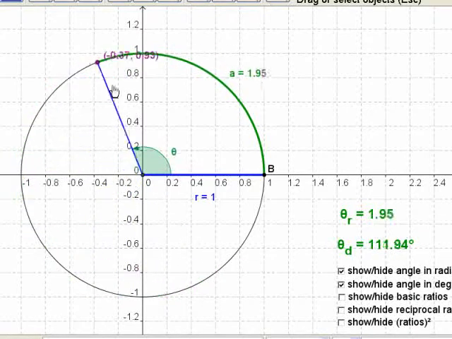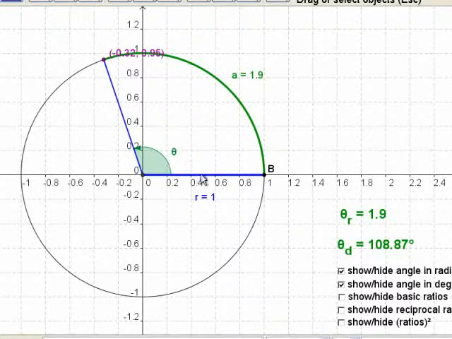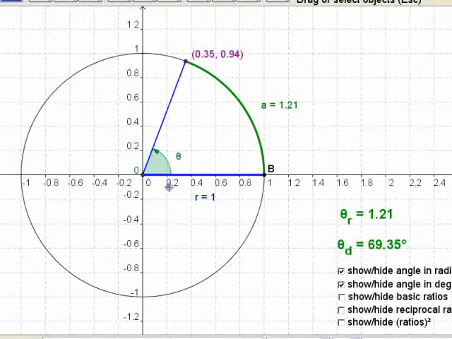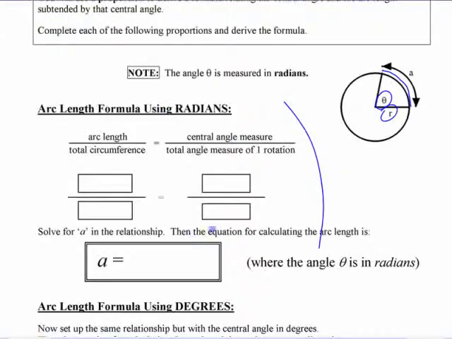You can use a proportion and say 1 full turn in degrees compared to this angle in degrees should be the same as this arc compared to the circumference. Whether you do it in radians or degrees, it doesn't matter. Proportionally, that's the same. If you're halfway around, the arc length is half the circumference. If you're this far around, well, whatever that angle is compared to that. We will talk about it formally together later, but I want you to try that if you haven't already done so. Okay?